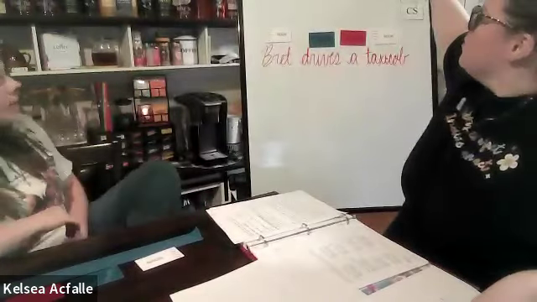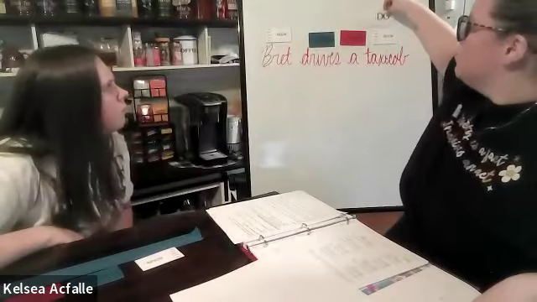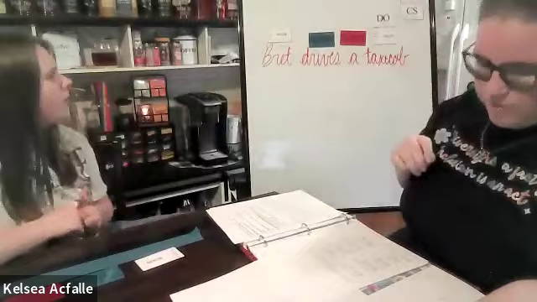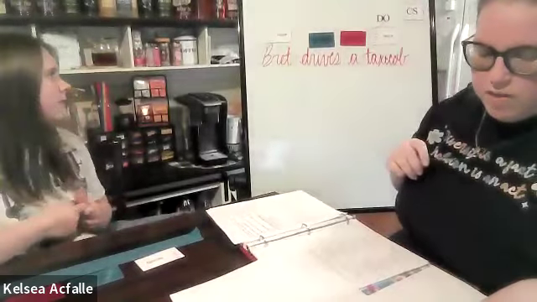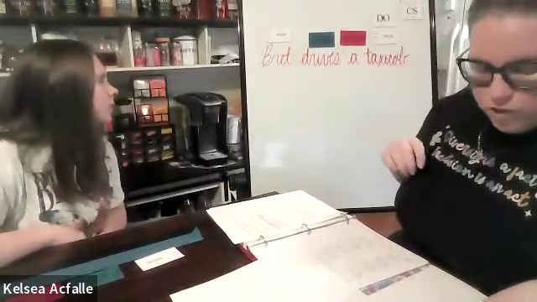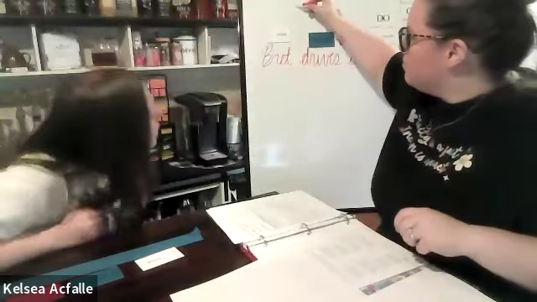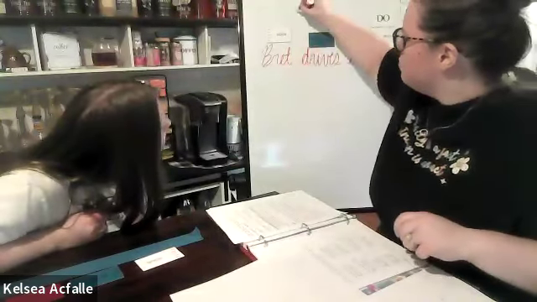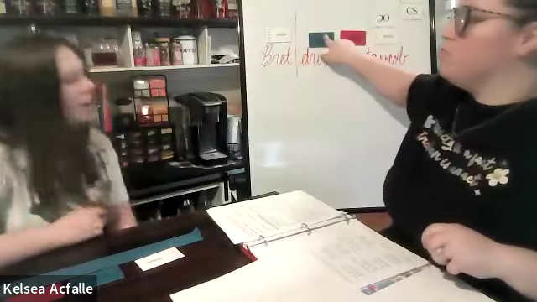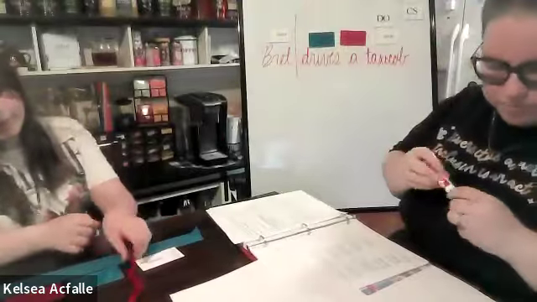So that's going to be our direct object, taxi cab. Good. Okay, so where do we divide the sentence? Before the action verb. So after the noun, but before the action verb. You can do it on yours too.